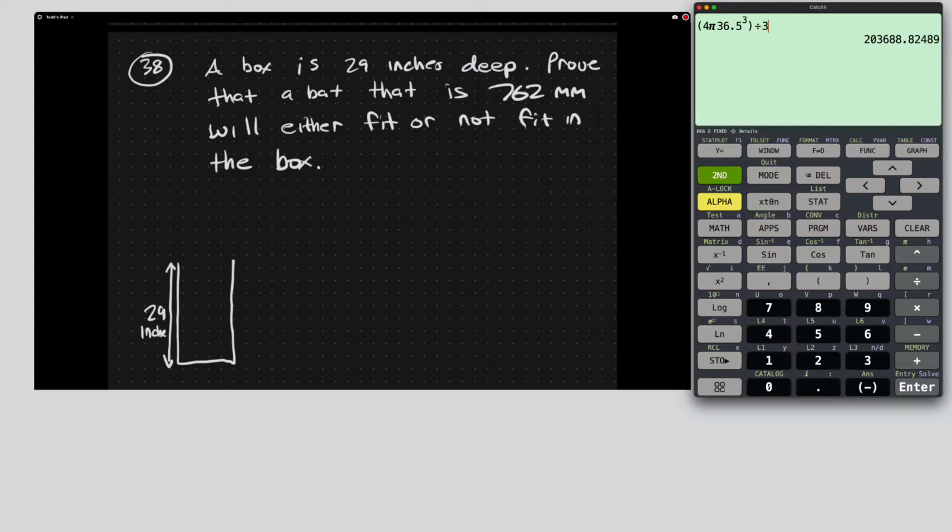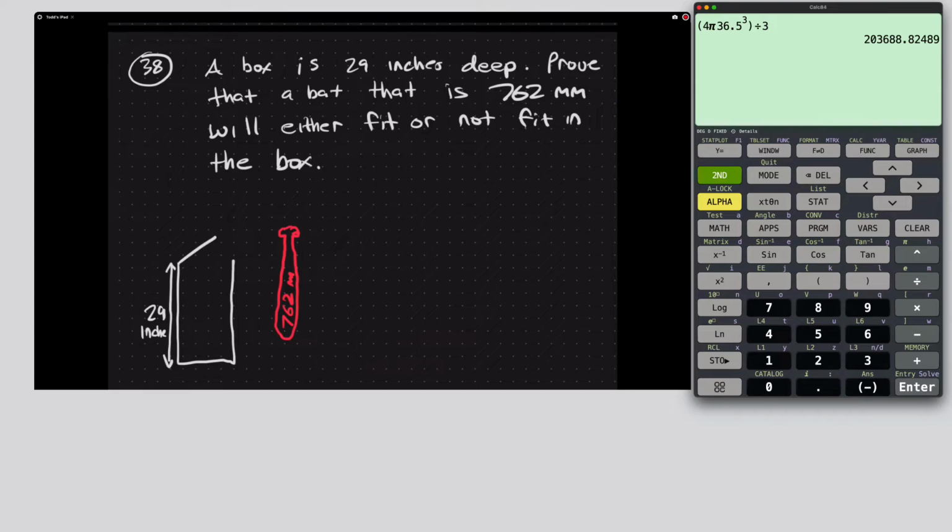Okay, and then it says we have a bat, and here is the bat. And the bat is 762 millimeters. Now we got 2 different units here, and the question is saying, will this bat fit into the box properly so that we can basically close this lid?